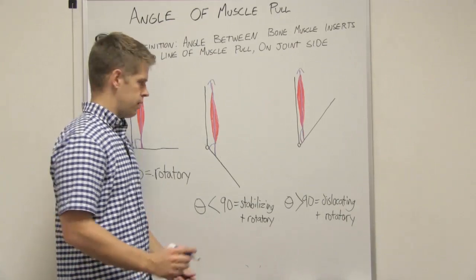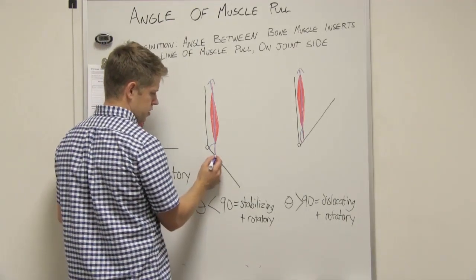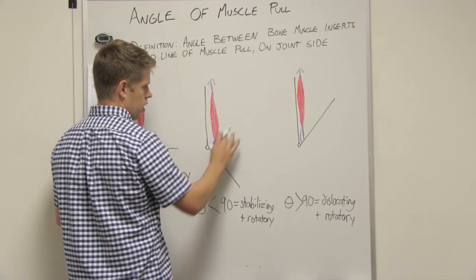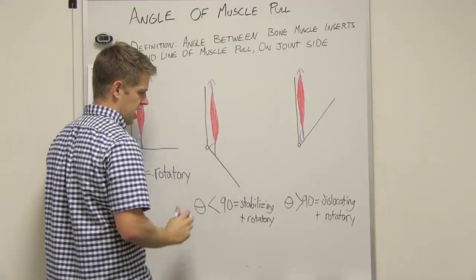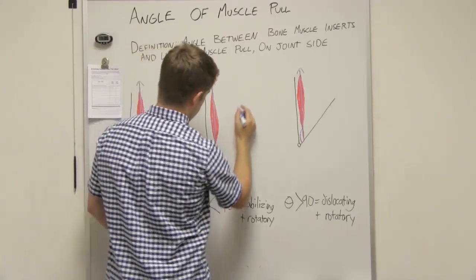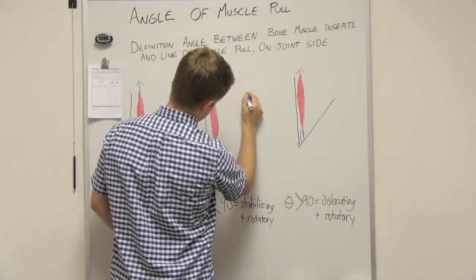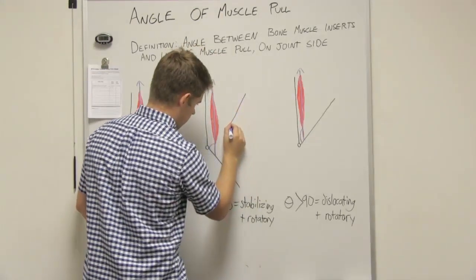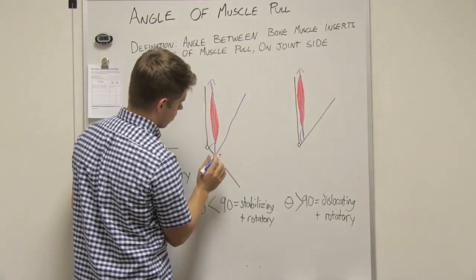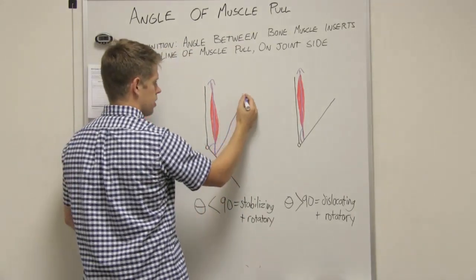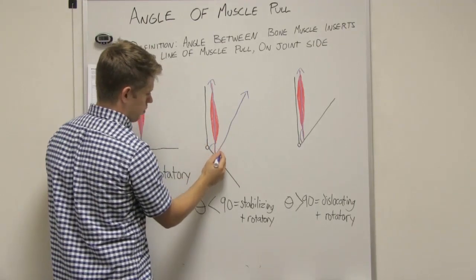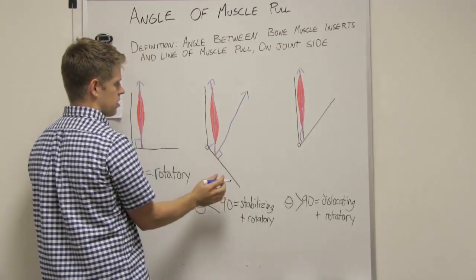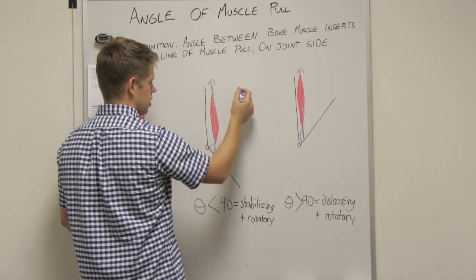Now, remember that rotation is the force that's always perpendicular to the bone. So let's draw that component here going from the point of insertion, and I will draw my resultant vectors up to here and see what happens. I'll start it from here, trying to make it as best I can without a ruler. That wasn't very good, but you can see the point. That is my rotatory component, because it is perpendicular to the bone of insertion.